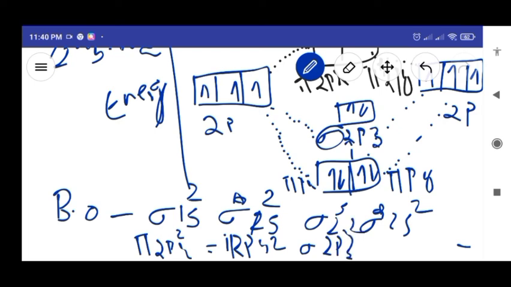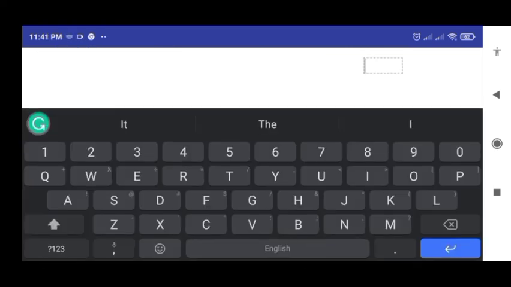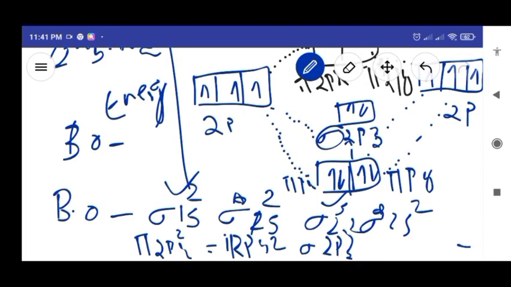So we have to calculate the number of electrons in bonding molecular orbitals: 2 plus 2 plus 2 is 4, 4 plus 2 is 6, 6 plus 2 is 8, 8 plus 2 is 10.